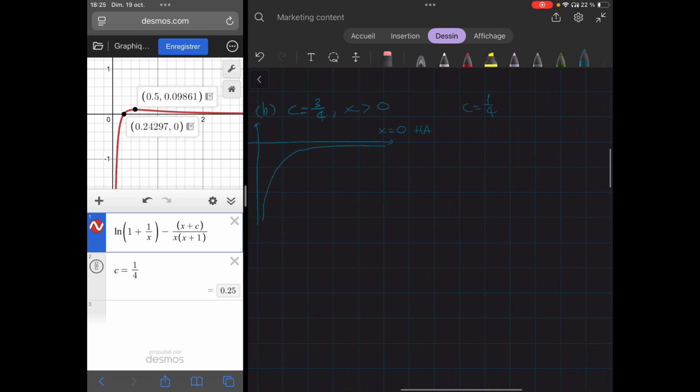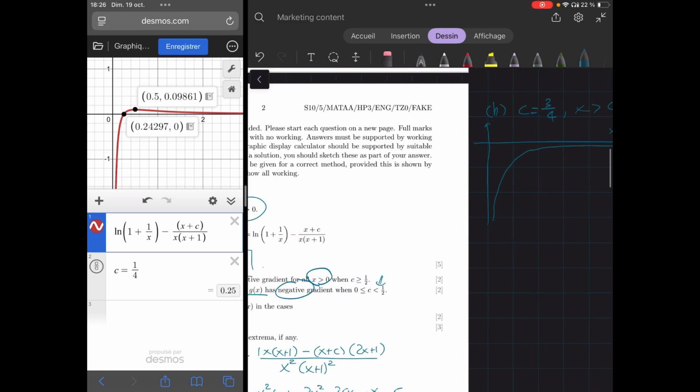And it has a root at around 0.25, before it takes the x-axis as the horizontal asymptote. Easy peasy.